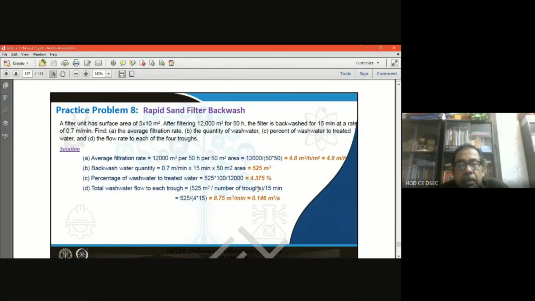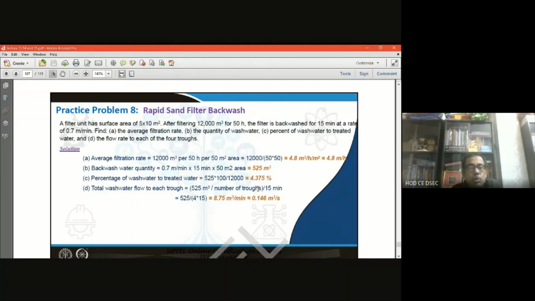And if there are 4 troughs as given in the question, the flow to each trough will be 525 divided by 4 and divided by 15, since backwash happens during 15 minutes.